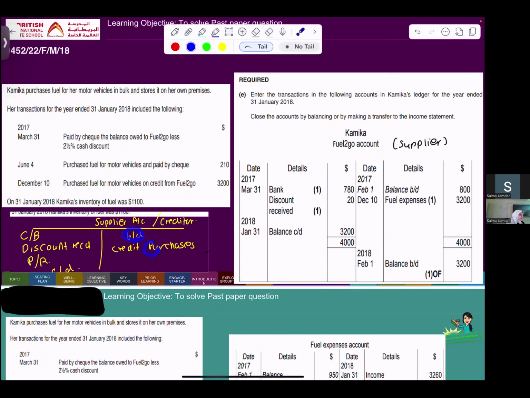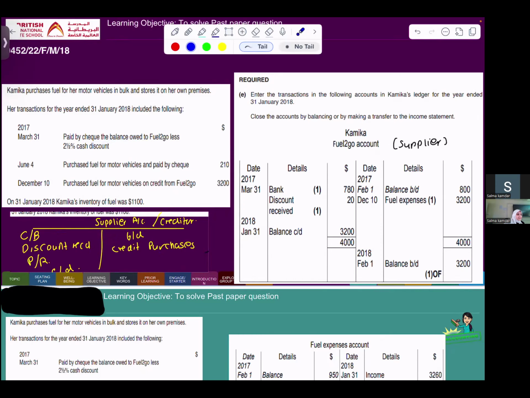So 2017 March 31, you write the date on both sides. 2017. March 31, paid by check the balance less 2.5% cash discount.